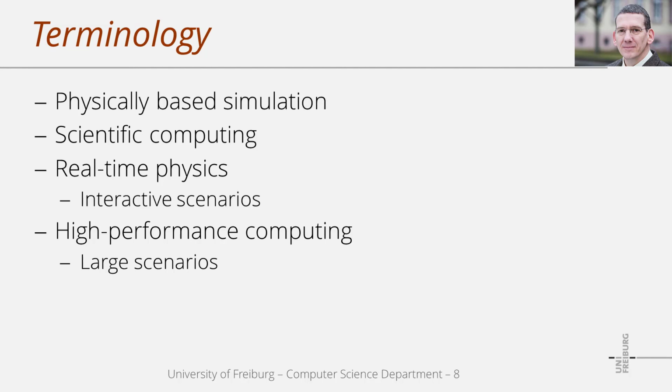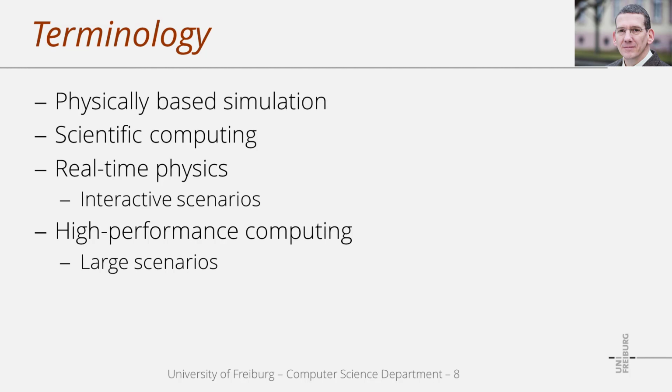What we do is also related to scientific computing. In particular, we investigate numerical integration schemes, realizations of linear solvers, and the respective data structures, algorithms, and also their parallelizations. Depending on the actual application area, physically based simulation is sometimes also referred to as real-time physics.